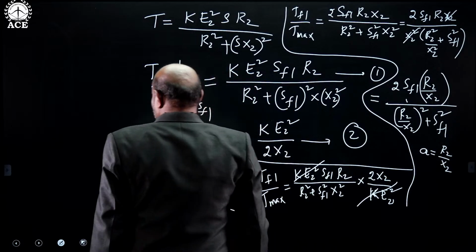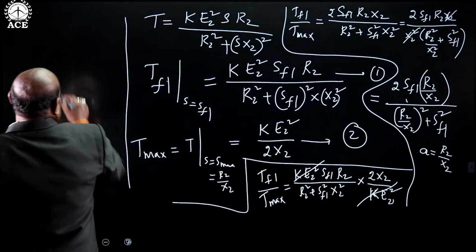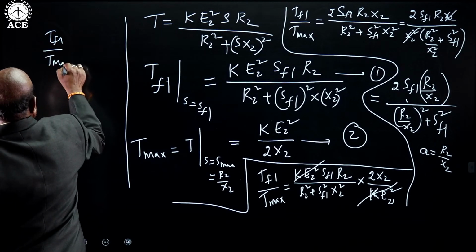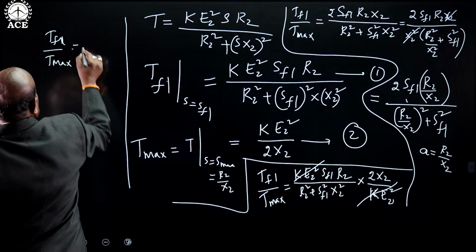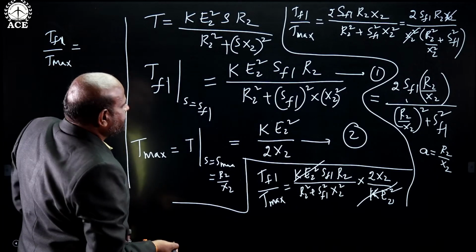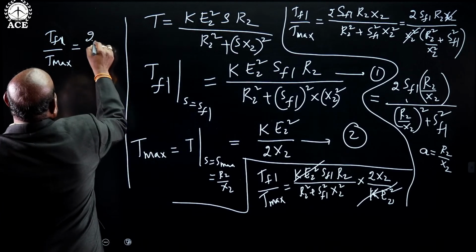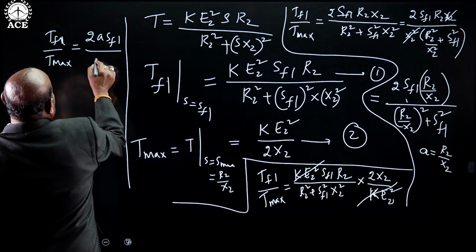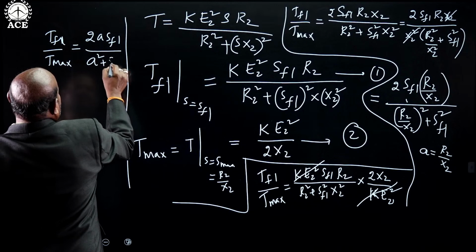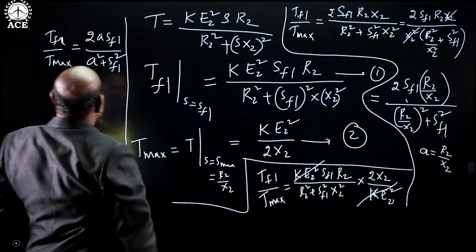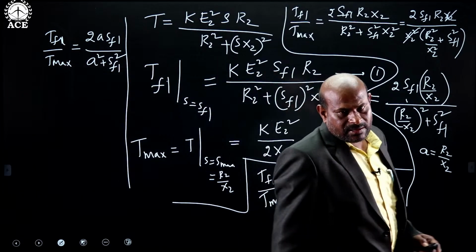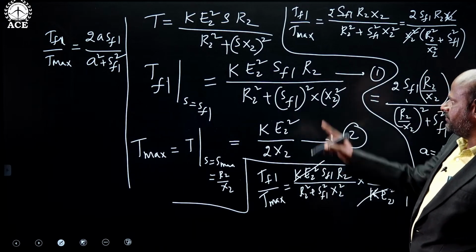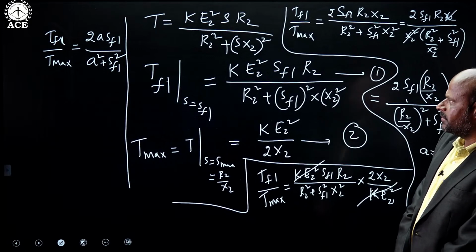Therefore, the full load torque to maximum torque ratio is given by 2A SFL by A square plus SFL whole square, where A is the slip at which the maximum torque occurs and SFL is the full load slip.